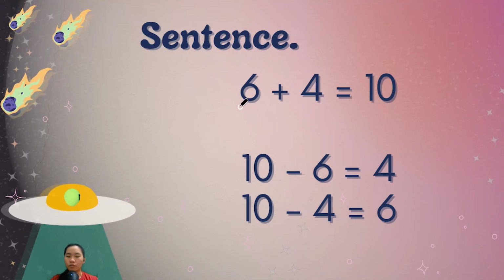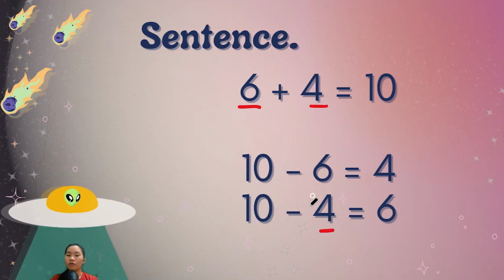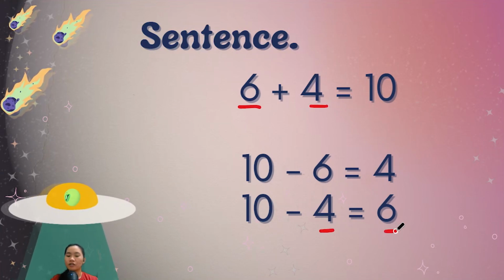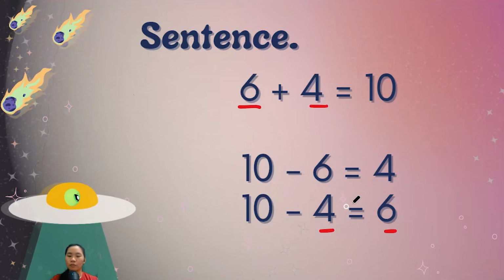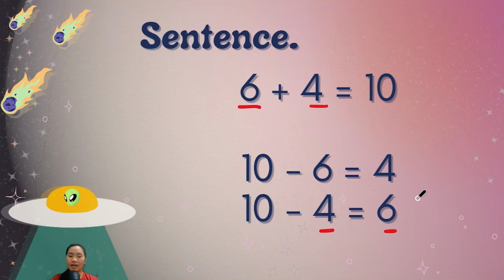If you put the number 6 over here, you would get the number 4 over here. If you put the number 4 over here, you would get the number 6 over here. The sum is still the same. 10 is here, the minus sign is here, and the equal sign is here. The only thing that's changing place is the first addend and the second addend.